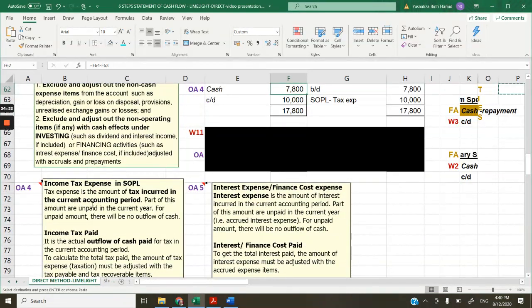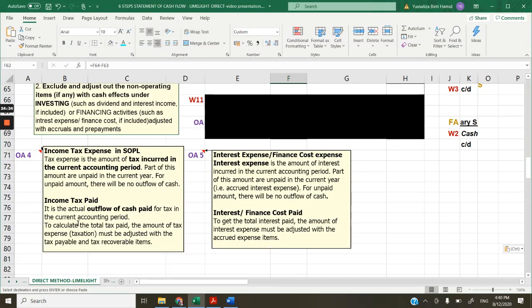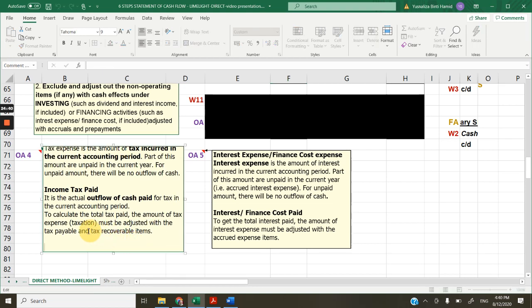You may also need to adjust to calculate the income tax paid. Sometimes there will also be tax recoverable. But in our case here we have tax payable, meaning that what we assessed was not enough. Now we have to pay more for our tax. But tax recoverable is where maybe you have assessed higher and you can recover that amount from the authority.